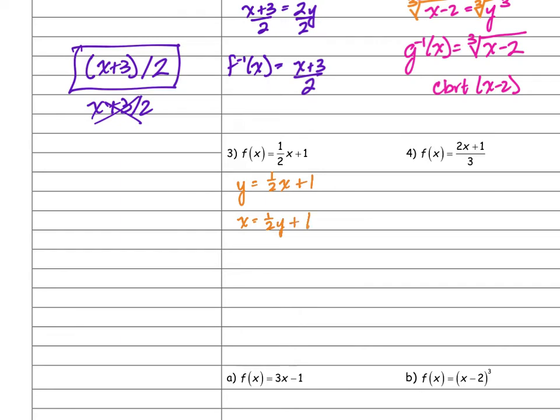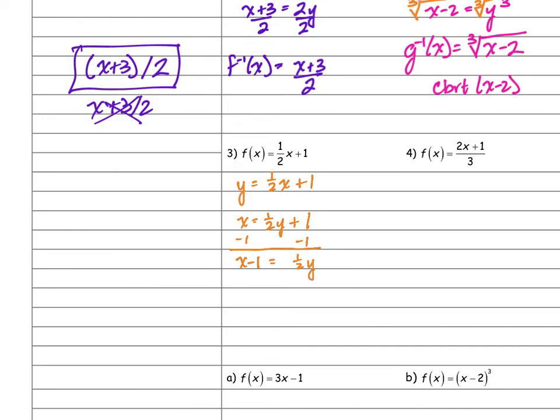Okay? Are there any questions so far? Are we doing okay? Okay. So get the y by itself, right? So I'm going to subtract 1. So I get x minus 1 equals 1/2 y.